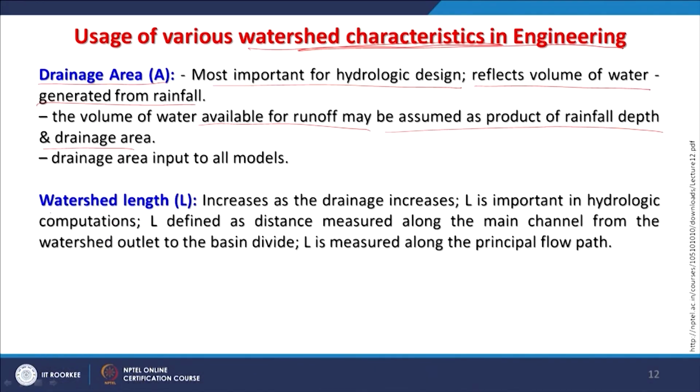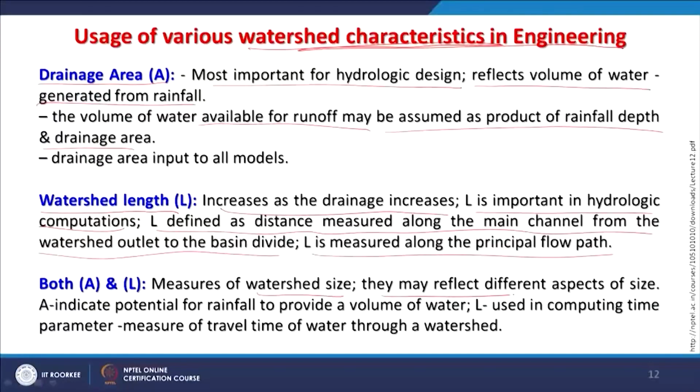Now, watershed length increases as the drainage area increases. So, L is important in hydrologic computation. L defines a distance measured along the main channel from the watershed outlet to the basin divide, and this L is measured along the principal flow path, as I showed earlier through the shape of watersheds.